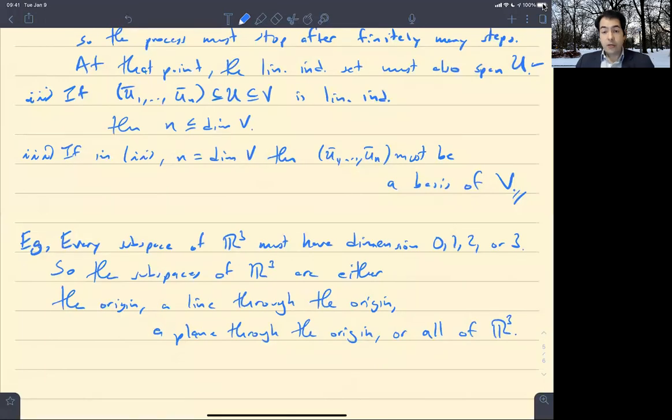Okay, so this intuitive fact that we used early in the semester is now entirely justified. Those are the only possible subspaces you could have sitting inside R3. Okay, and we'll stop there for today and pick it up there next time.